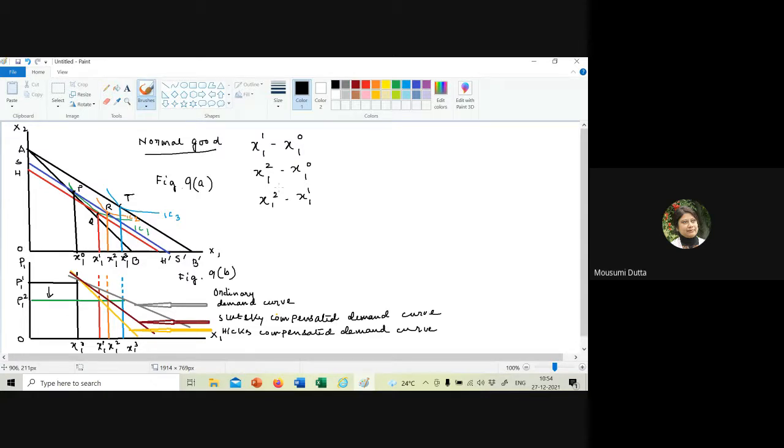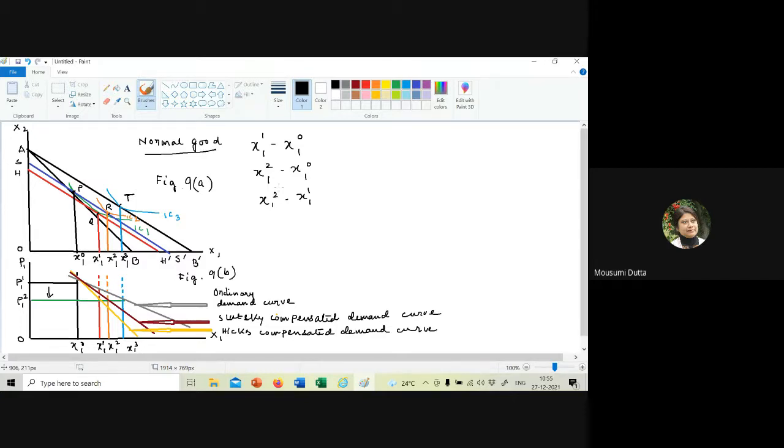AB prime has a higher real income than HH prime.